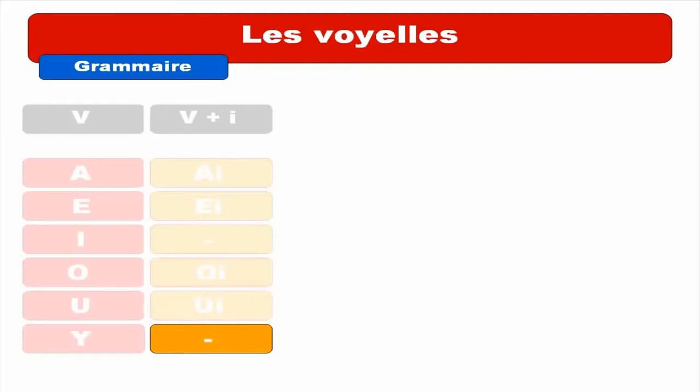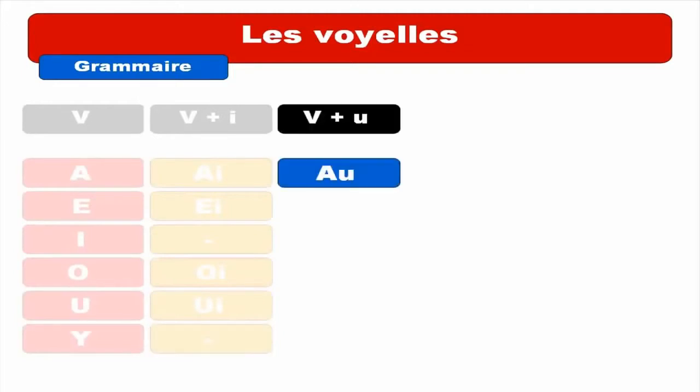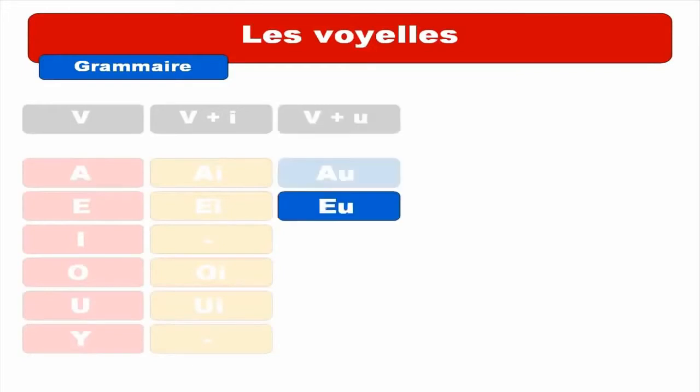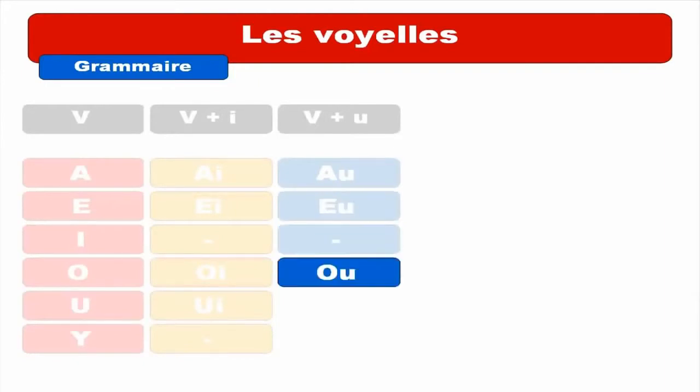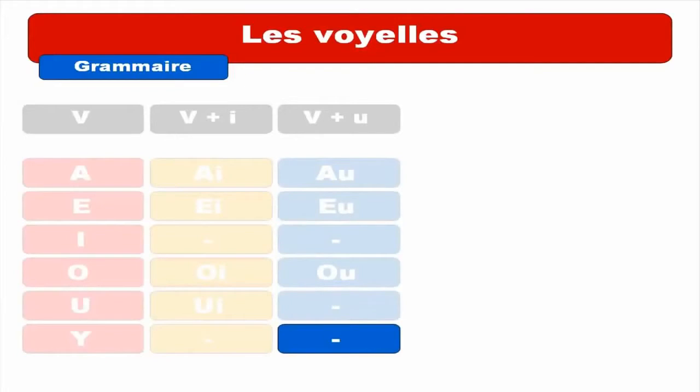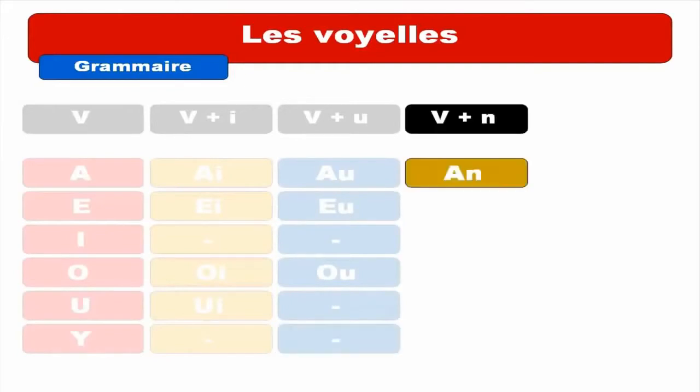Ui. Nothing, of course. Then, if we combine them with U, we get the sound O. Repeat. O. Of course, nothing there. U, repeat. U, nothing, and nothing. So let's skip to the next category.